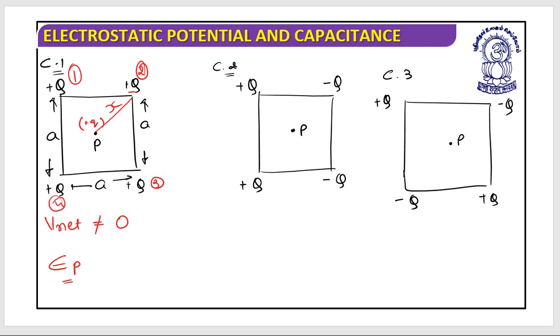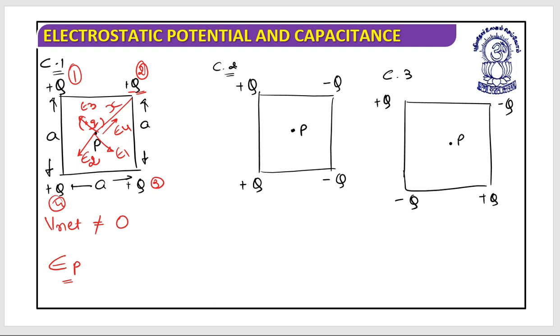Again, 3, 4. So this is a positive charge. This is also a positive charge. The direction of this is in this direction. This is E4. This is E1. And this is E3.